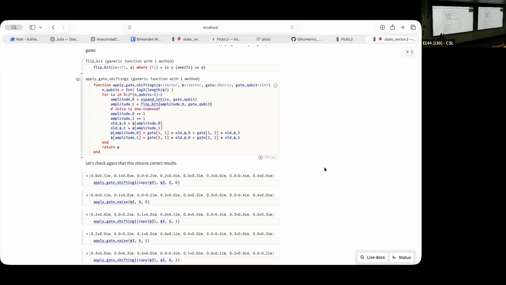Okay. So let's again say we have 3 qubits, which means 8 indices. Okay. So I have 0, which is just 0, 0, 0, 1.